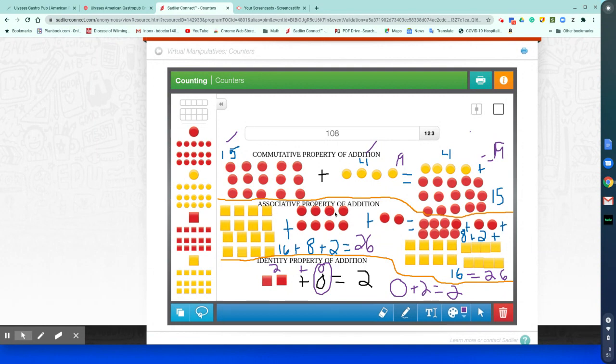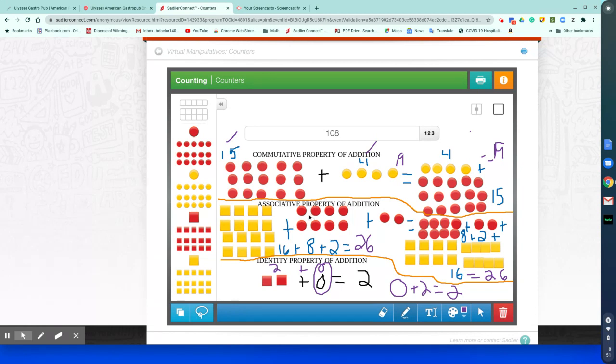The associative property of addition states that an addition expression can be written with the addends in different groupings. Okay, so what I mean by this is here we have 16 yellow squares.